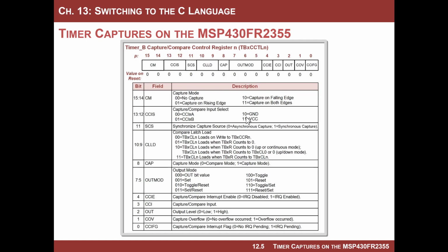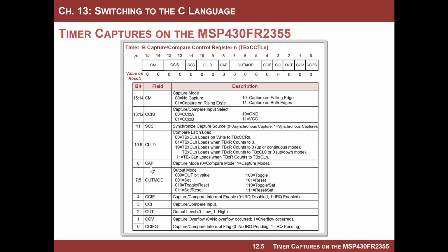As this goes from a 0 to a 1, it changes the input line from ground to VCC, then back to ground, then VCC, ground, VCC. So it's creating edges, and if it's sensitive to both edges, we're good. It actually creates the edges in software. So we're going to do that.